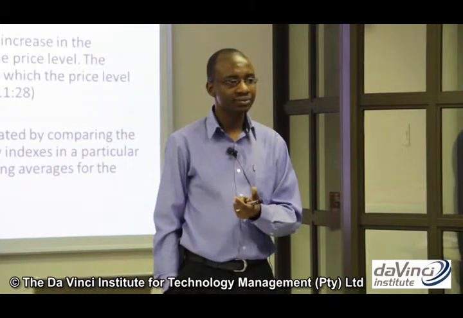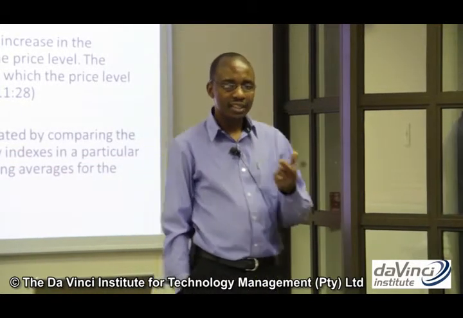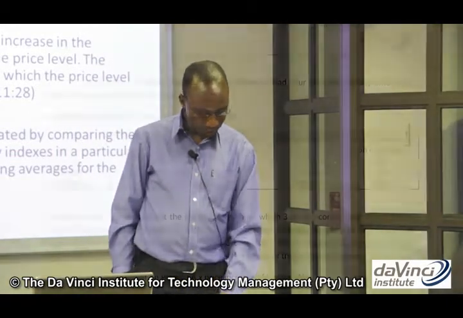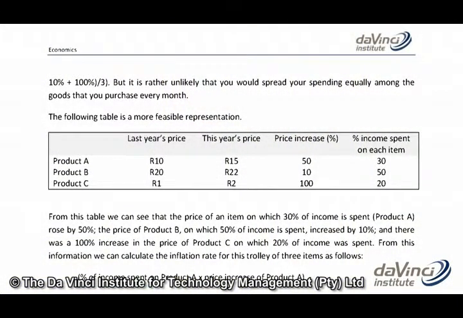what percentage of your income is spent on alcohol? You see. If it's 30%, then in calculating these price increases, they will have different weights. Okay. They will have different weights. So in that example, you've got that same product A of 50%.